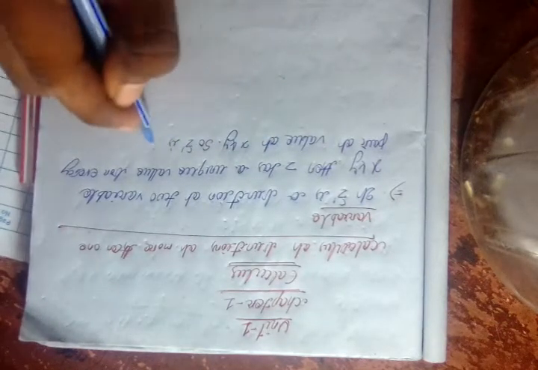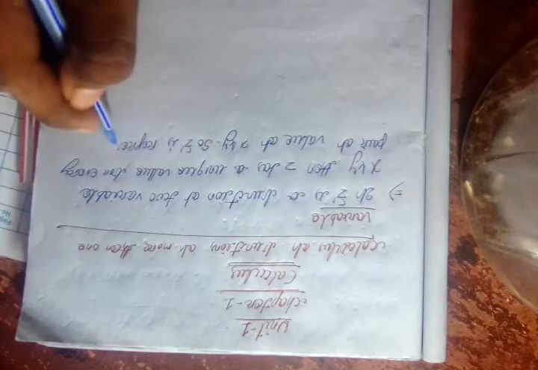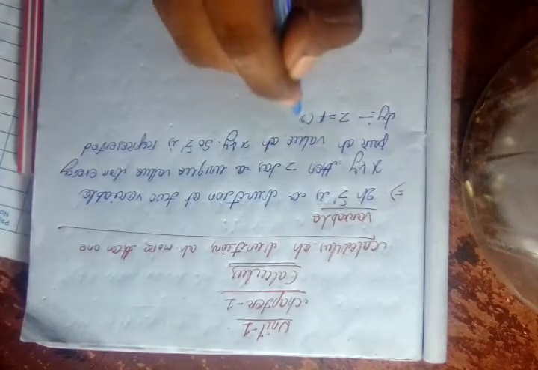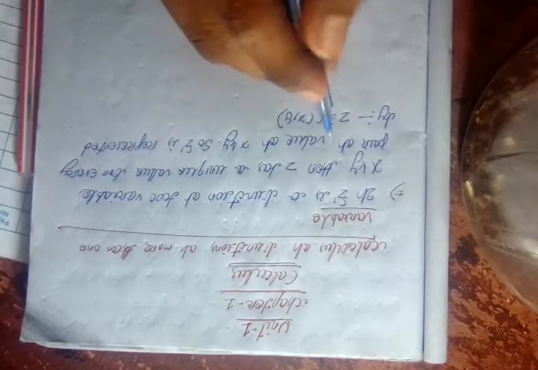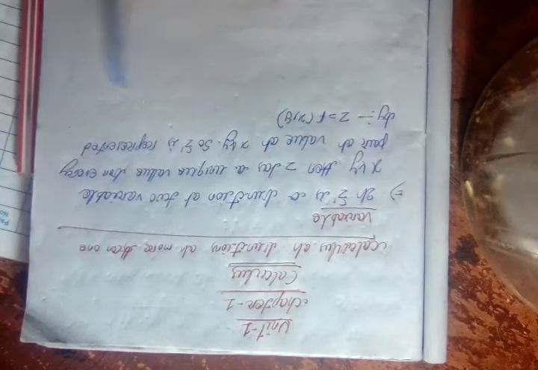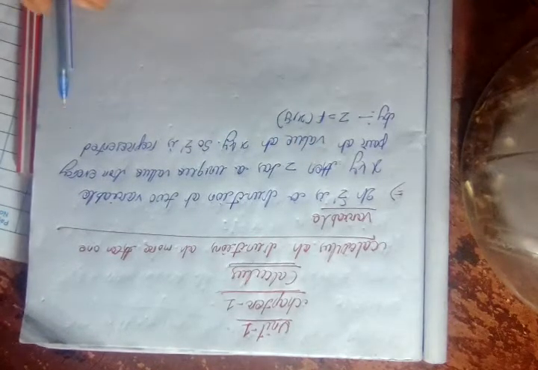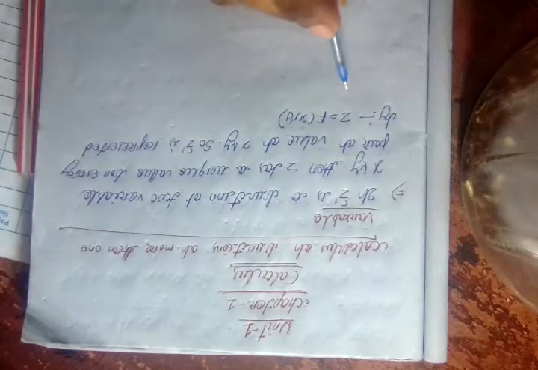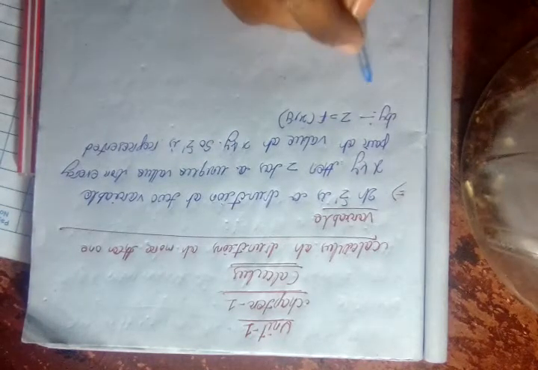So z is represented by z is equal to f of x, y.